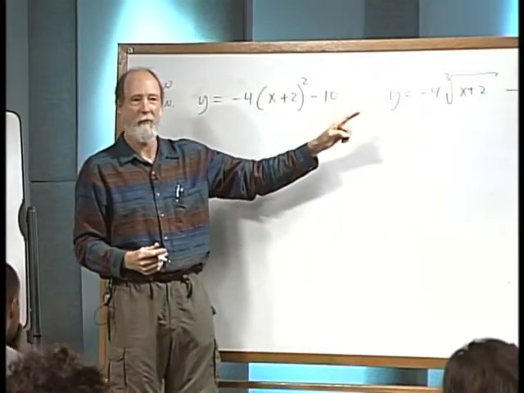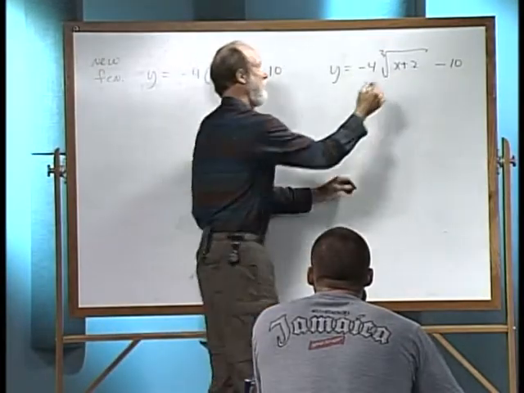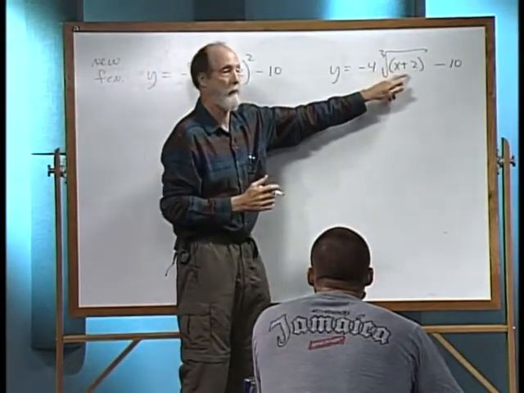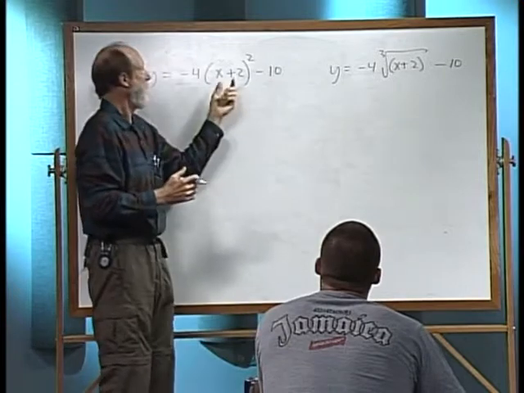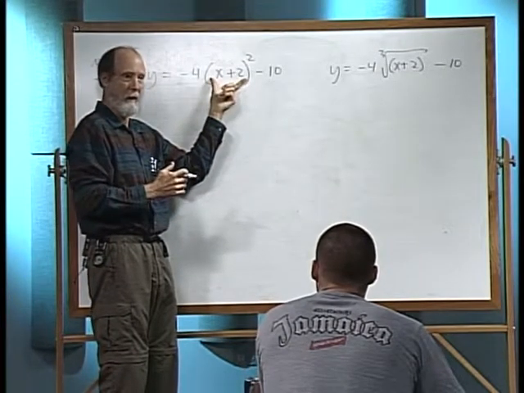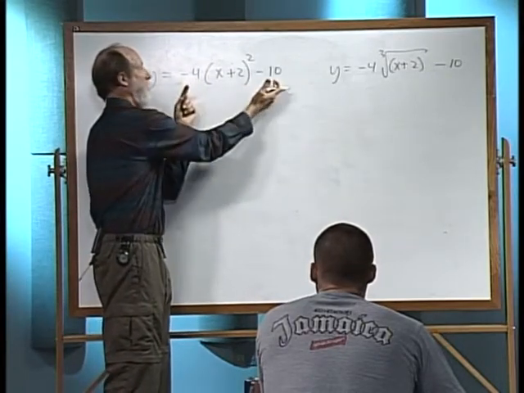Same transformations, except applied to the cube root function. Notice what's underneath the cube root, the x plus 2. Over here, what's inside the squaring function is x plus 2. And then on the outside of that, you observe these other numbers, minus 4 and minus 10.